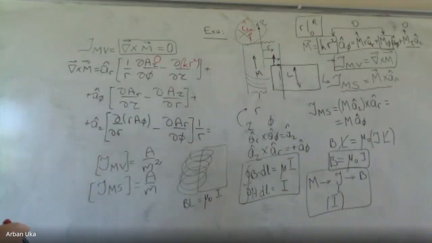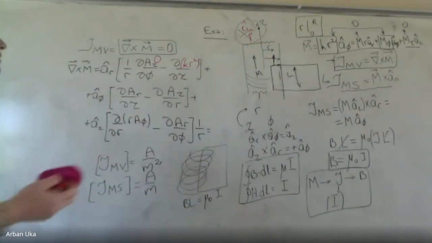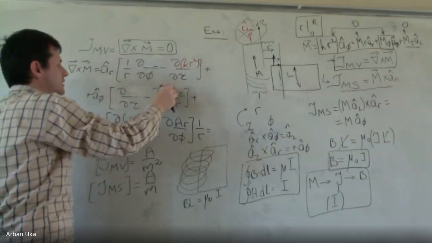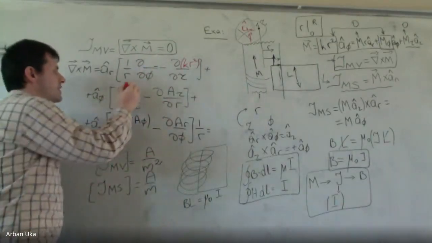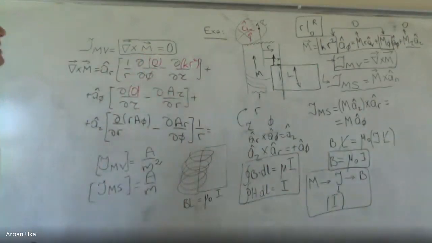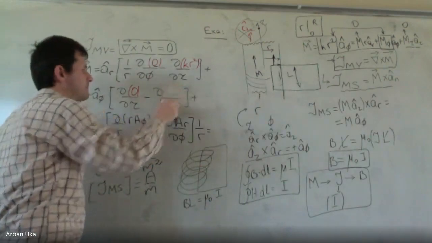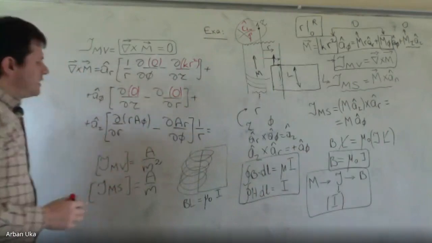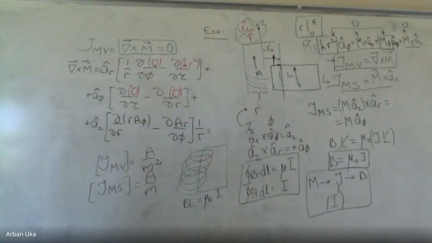What is A_R? This is also 0. Maybe I can substitute them like this. A_R is 0. A_Z is also 0. What is A phi?